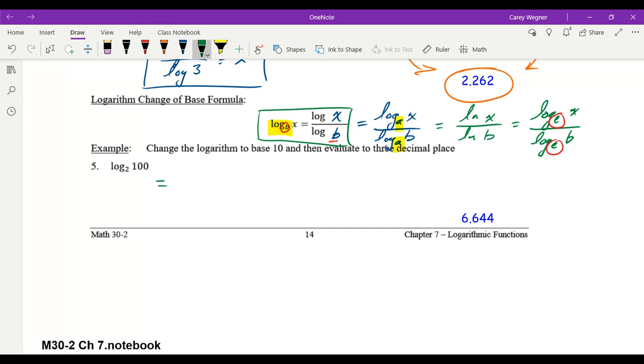So we'll just say this will be the log of 100 divided by the log of 2. Then we're asked to evaluate to 3 decimal places, and here on the right-hand side, I've written that answer. So this is approximately equal to 6.644. Let's move on.